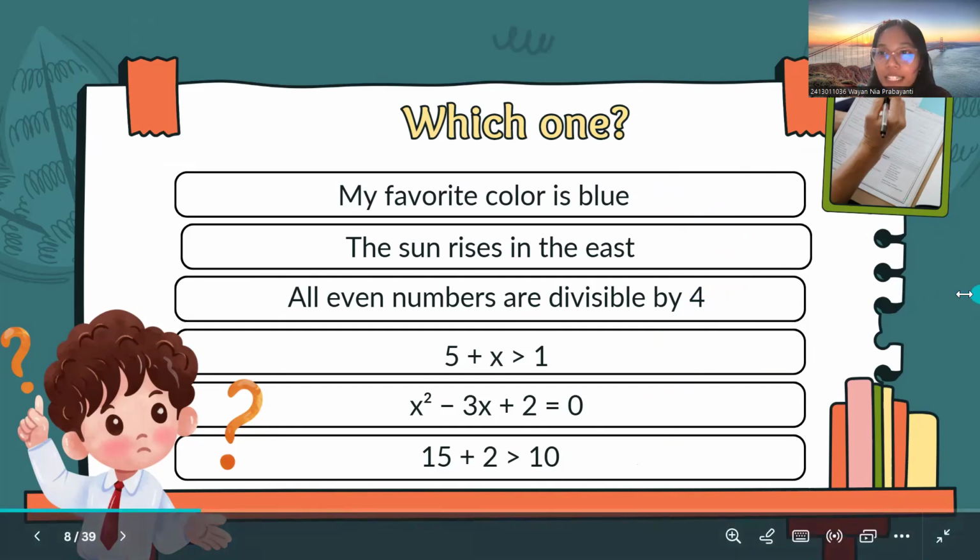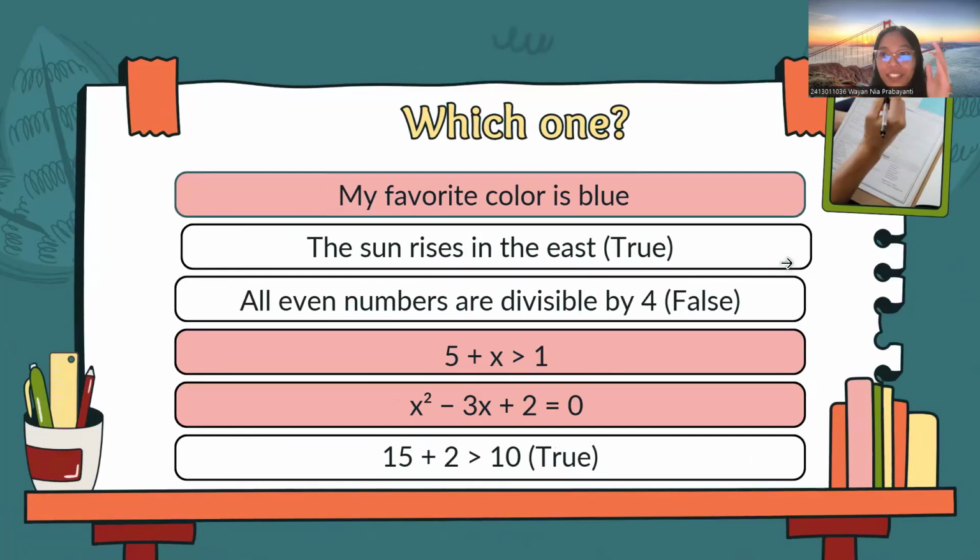Okay, let's see the answer. The one with the pink color is an open sentence, and the rest are statements or propositions, or closed sentences. Okay, let's move to the next topic.